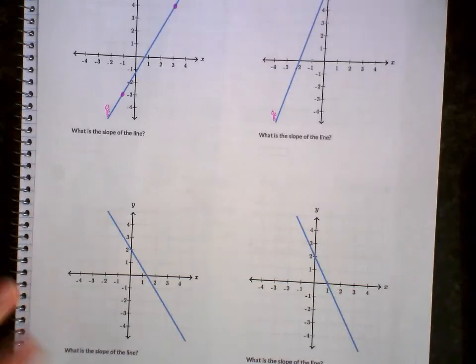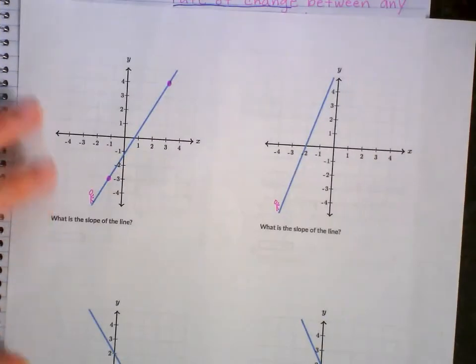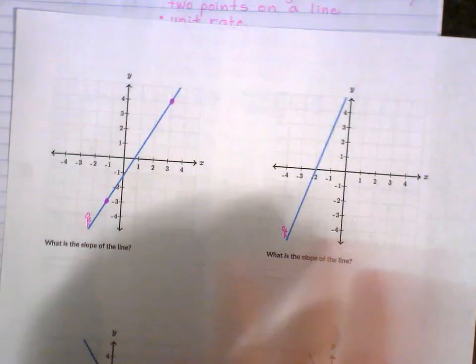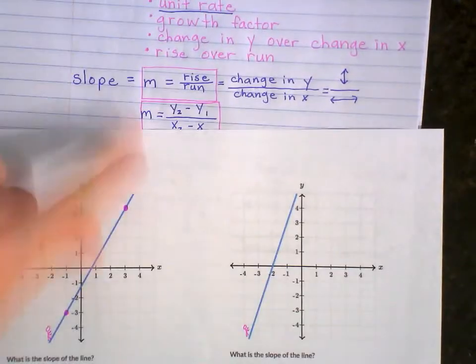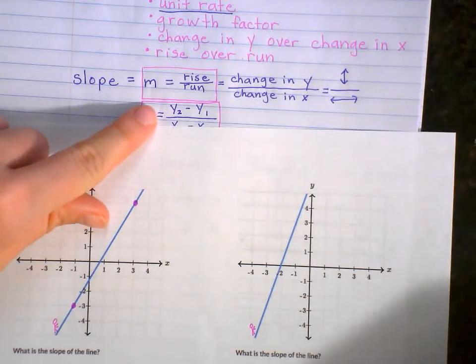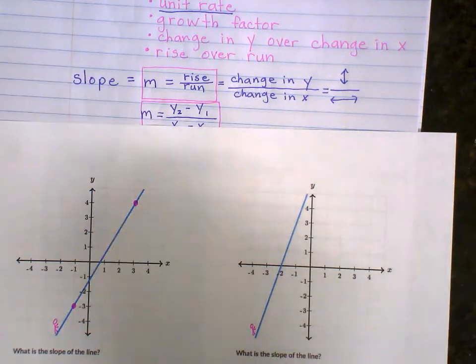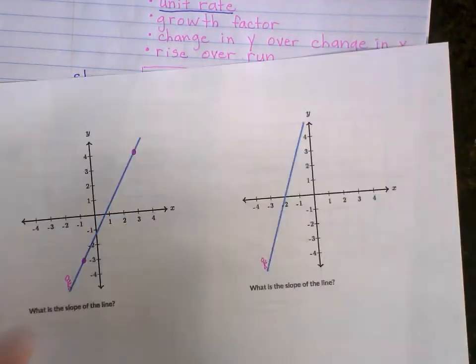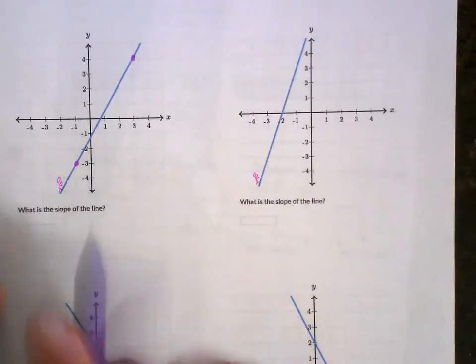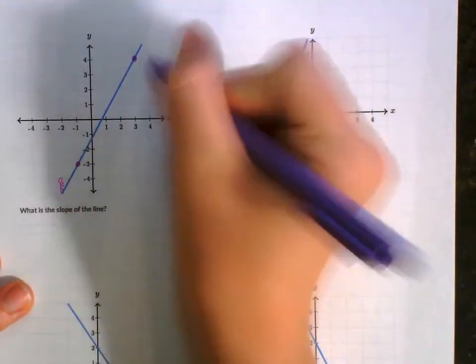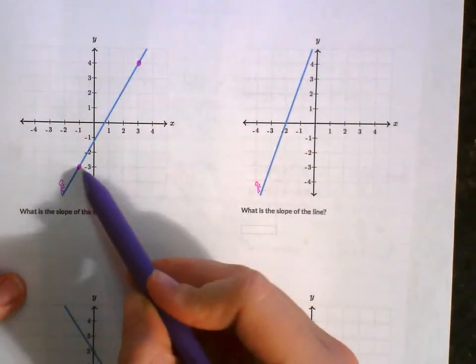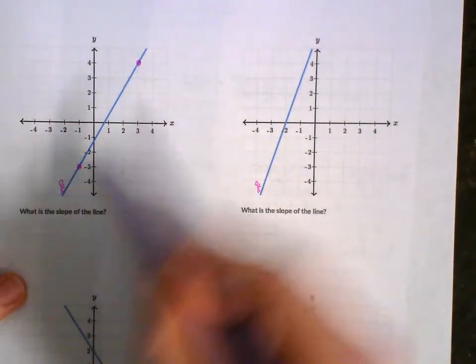We're going to solve 4 problems finding the slope from a graph. Okay? So slope, rise over run. Change in y over change in x. So the first step is you must find 2 points that actually go through the grid perfectly.